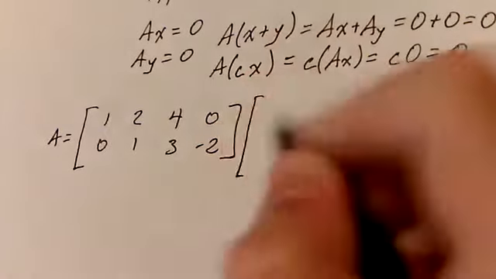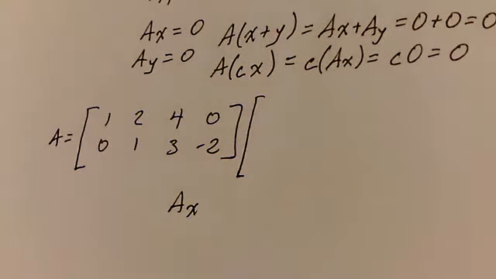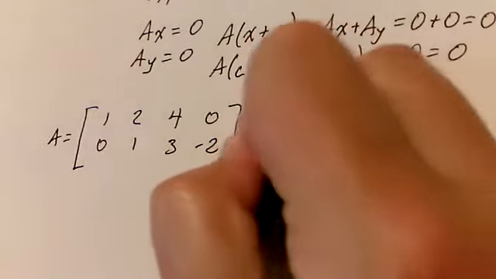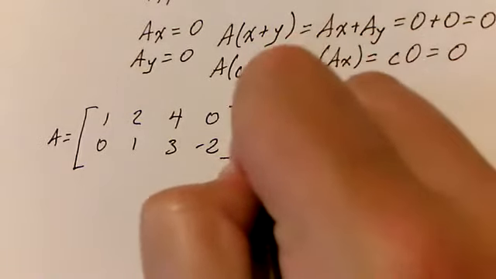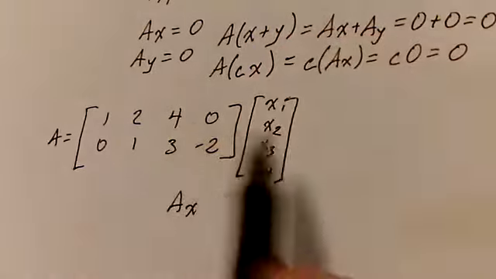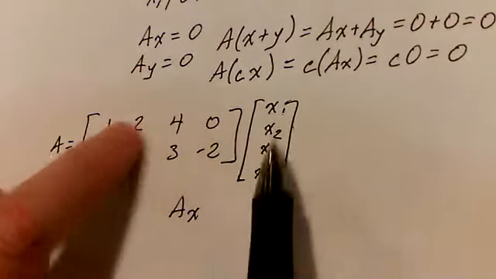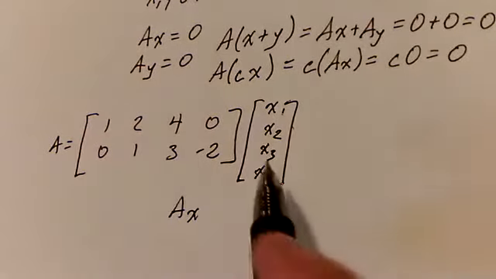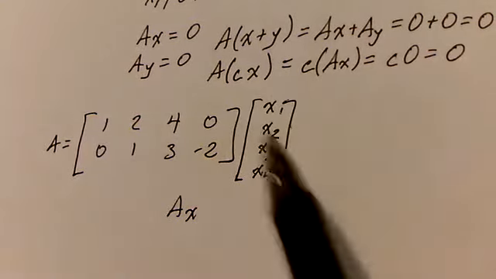If I was doing A times x, I would have to multiply by a 4-component vector, x1 through x4, because I have to have the same number of entries in the vector that I do columns in the matrix.